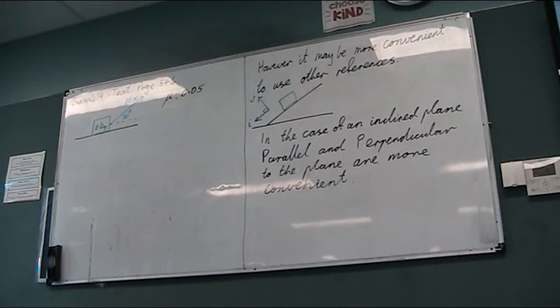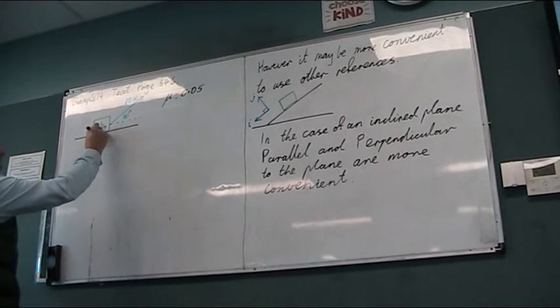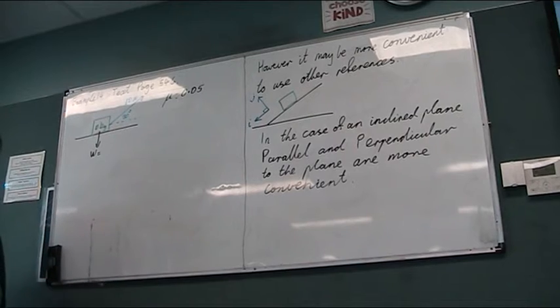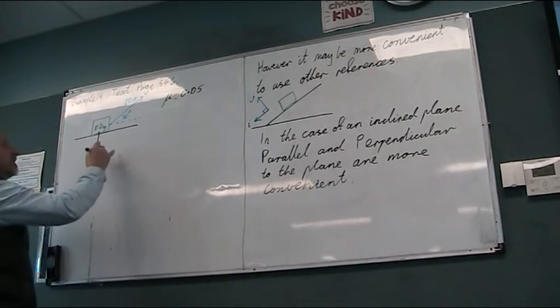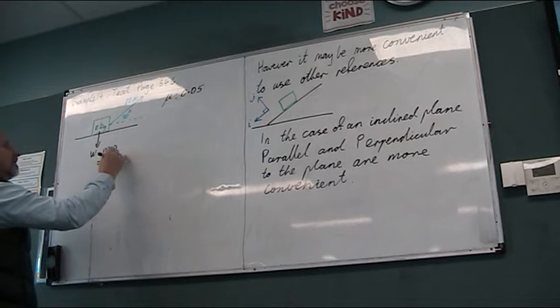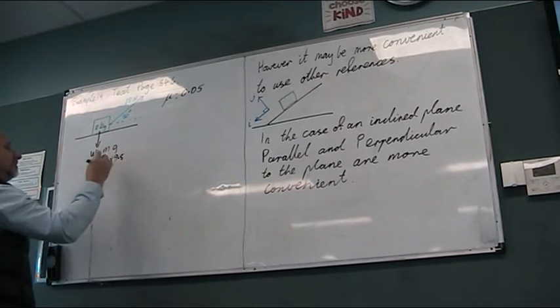All right, so on my diagram there are some other forces. I've only just drawn one force in there. There's the weight force of the block, which is mg, 10 times 9.8, 98 Newton.